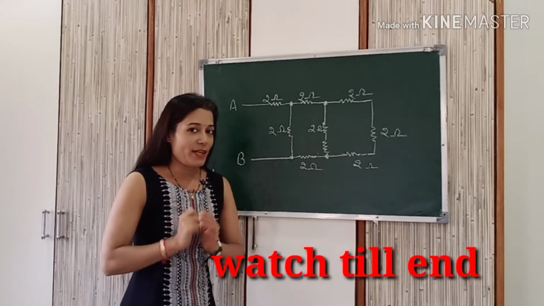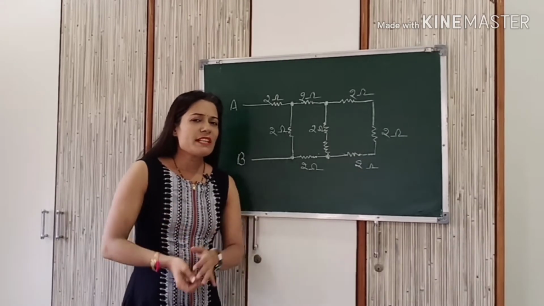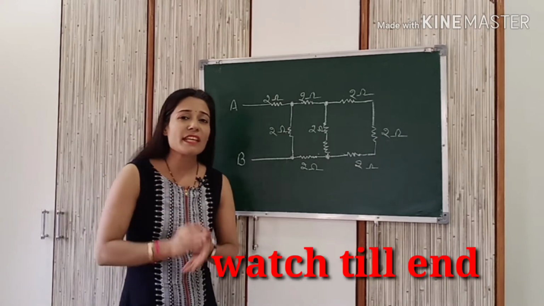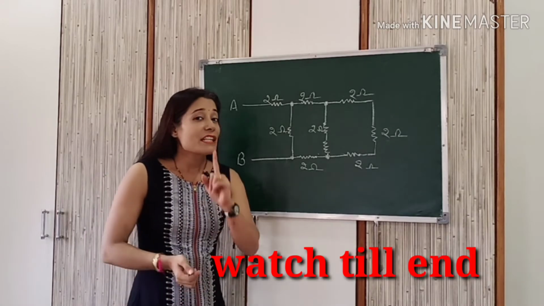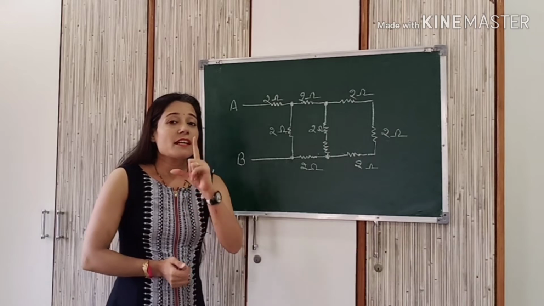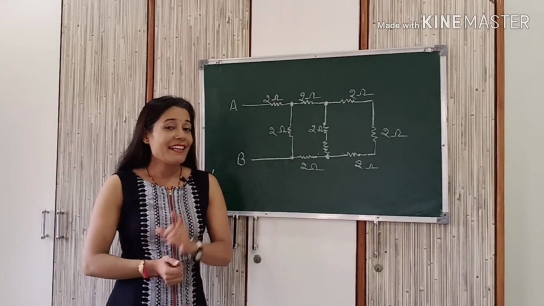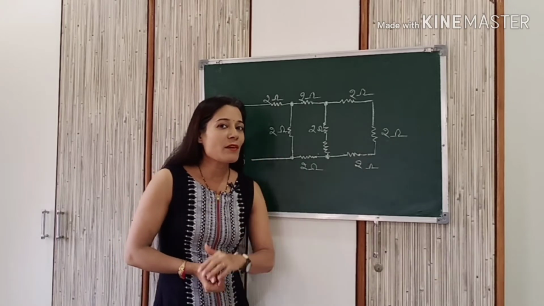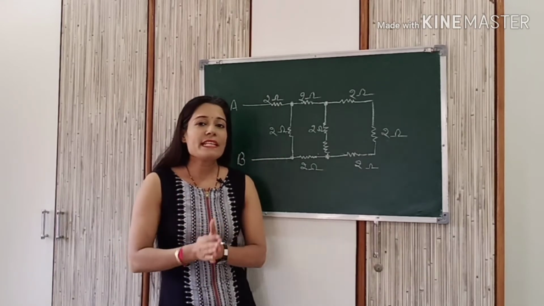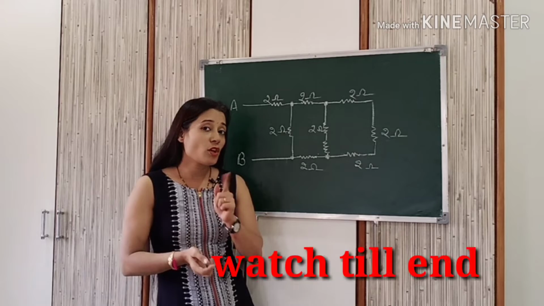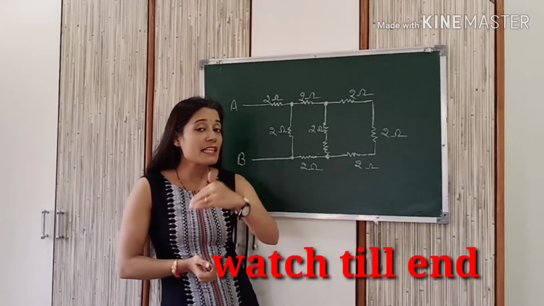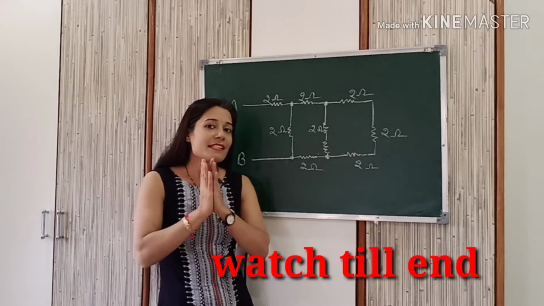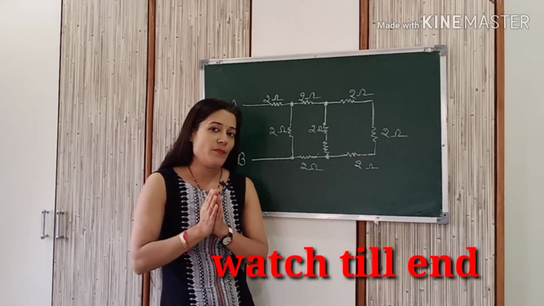So friends, why am I telling you about junctions? What is the significance of junctions? At junctions, the current gets divided, and wherever the current gets divided, that means there is a parallel combination, and the points where the current does not get divided and goes in a continuous manner, that means there is a series type of combination.